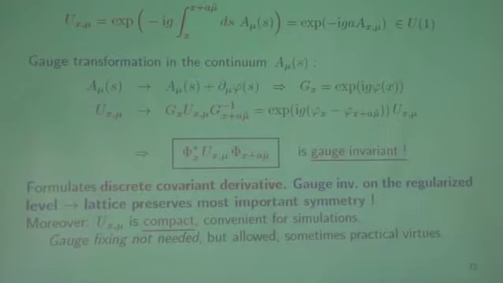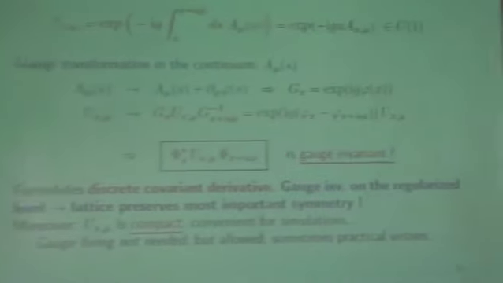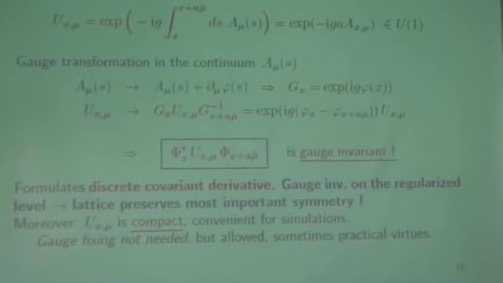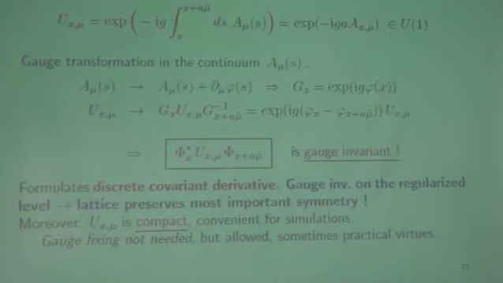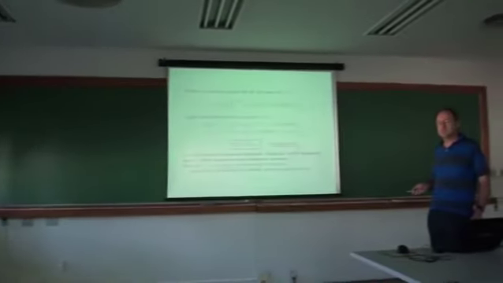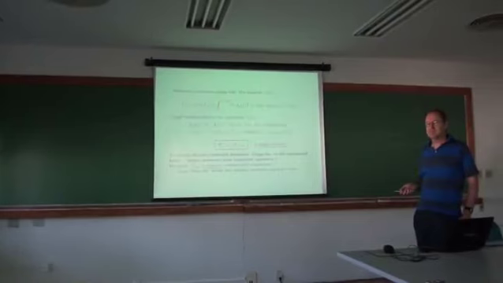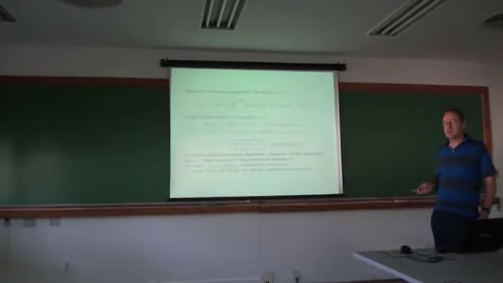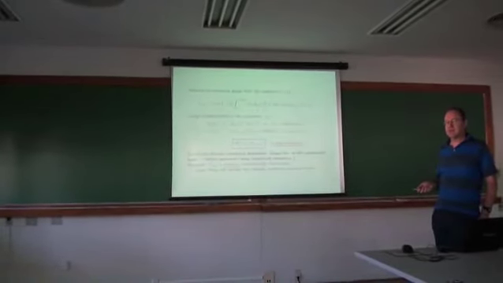Let me ask you in advance. The problem with the continuum formulation is that you have a gauge invariant action. So if you sum over all gauge configurations, you pass through many values of the action which are the same, because they correspond simply to different gauge transformations.